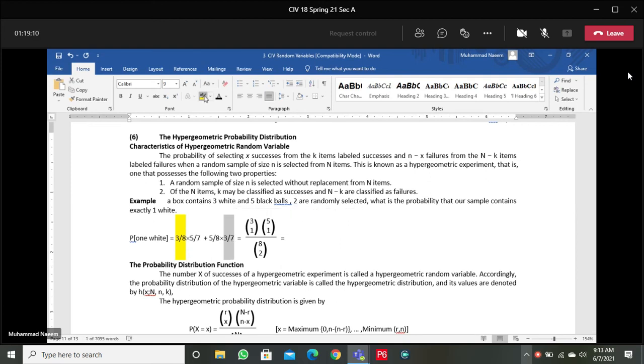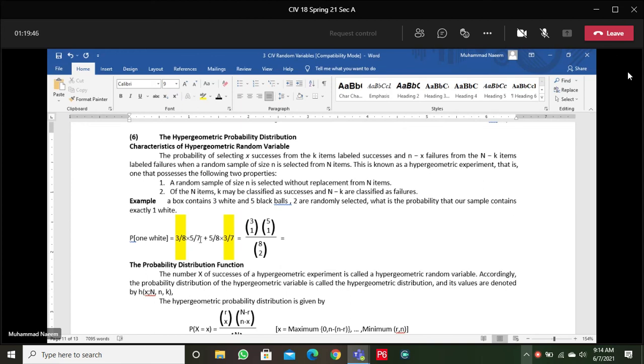If it is the first one, the second will be black. If it is the second one, the first will be black. We have two possible cases. So for the first to be white, the probability is 3 by 8, multiplied by the second being black, 5 by 7. 5 are available, divided by 7 because 1 is reduced due to without replacement.